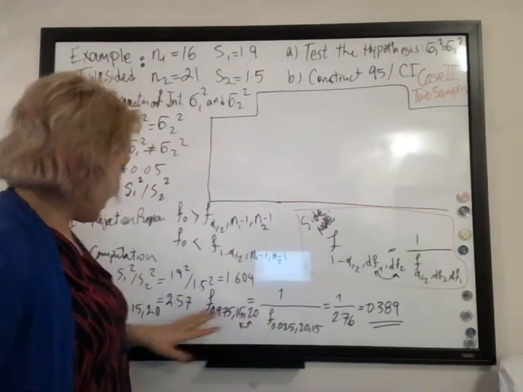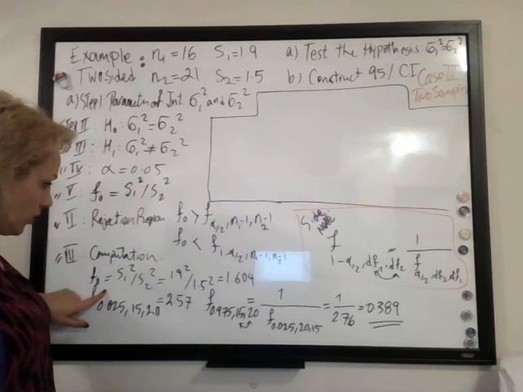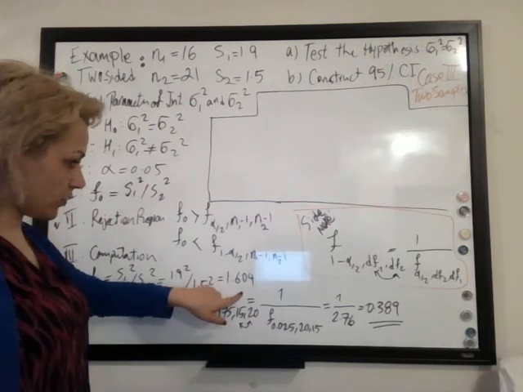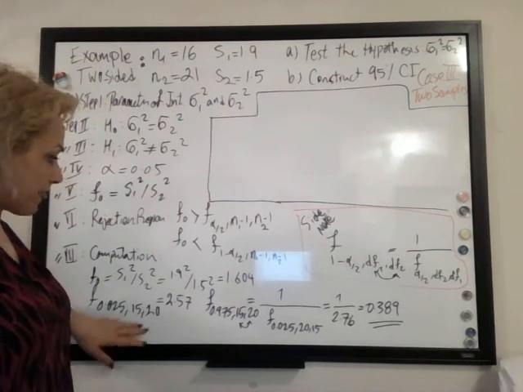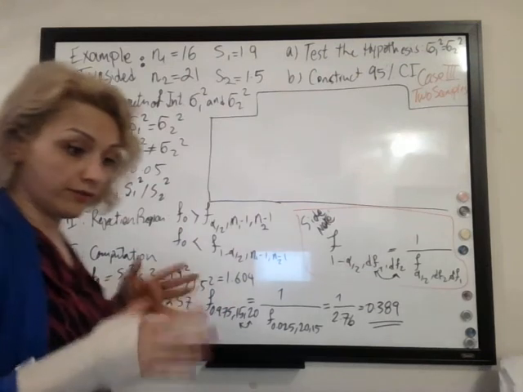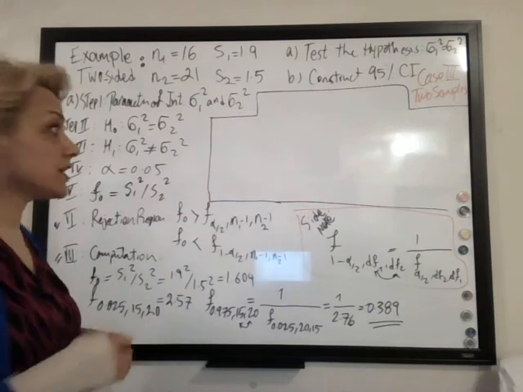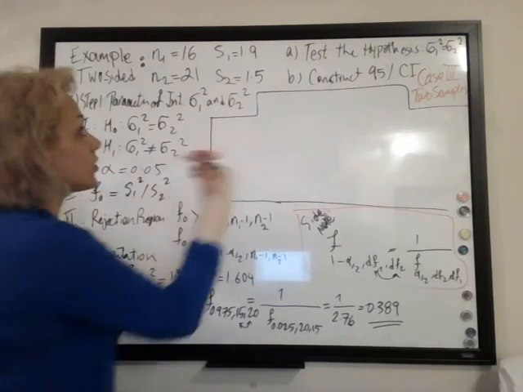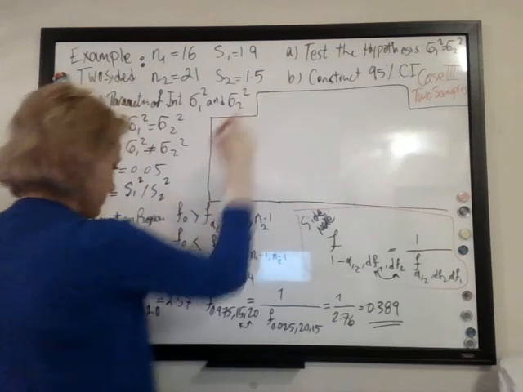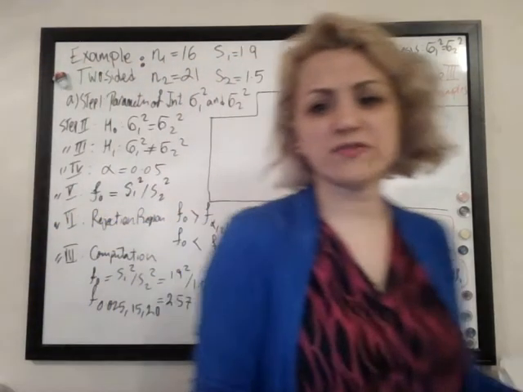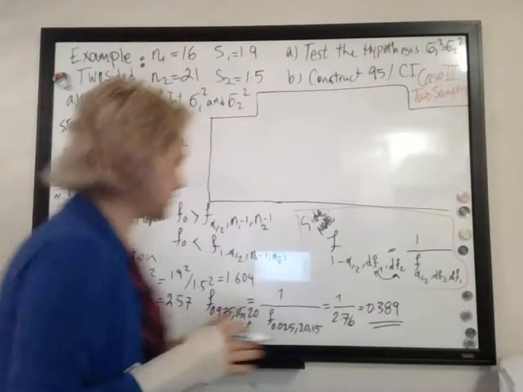So now we have F null, and we found out F null is 1.604. We found the lower bound for the two-sided rejection region. We did all the computations. So now let's do the conclusion. I can even write down a step 8 here as the conclusion, because the conclusion is very short.